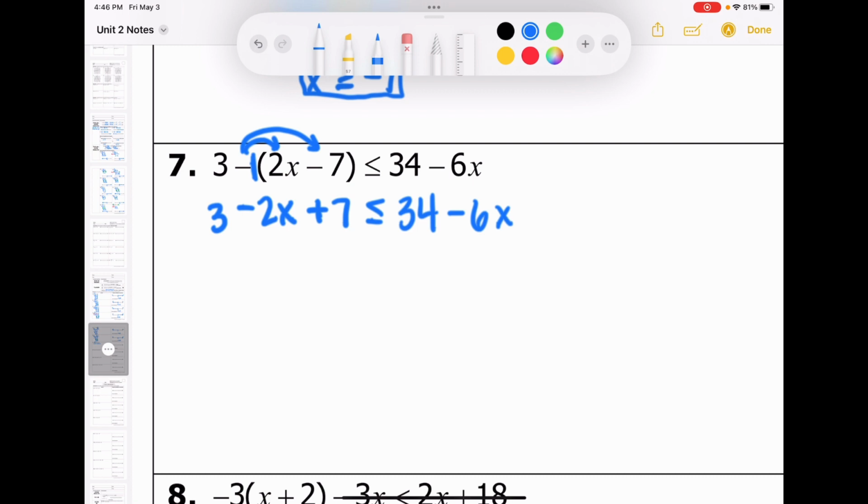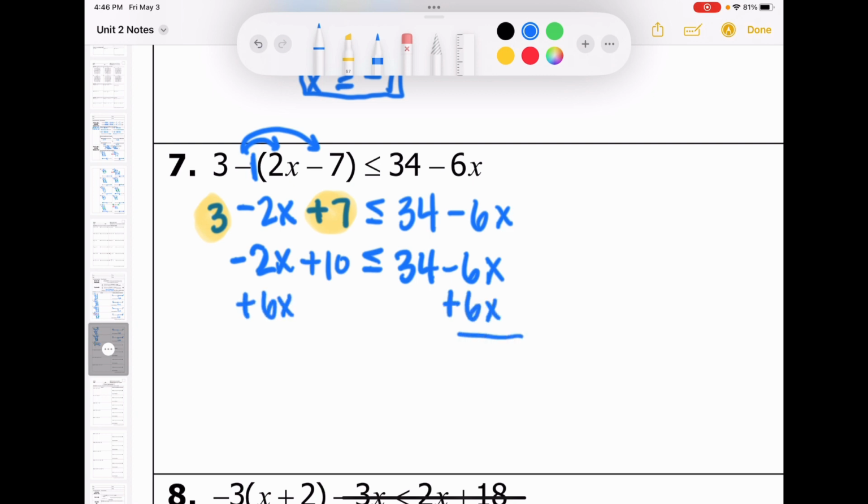So now, before I can start moving things to the other side, I need to combine my like terms on both sides. So the left side has like terms of 7 and 3, so I can combine those by adding, and I get 10. All right, now I can move all of my letters to the left side. So I'm going to add 6x to both sides, which gives me 4x.